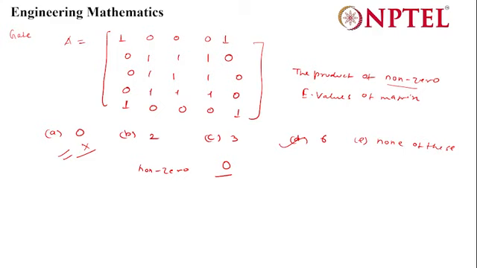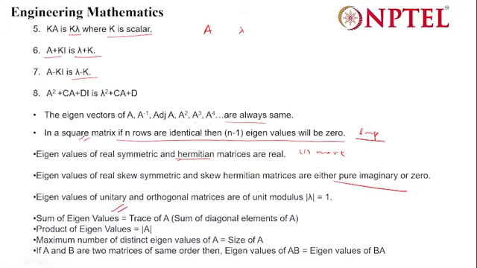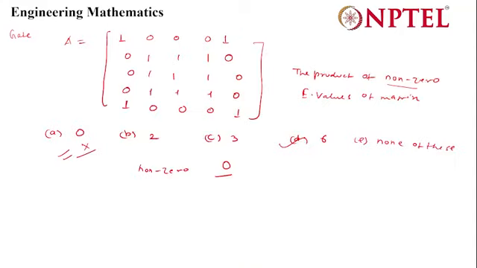Yeah, correct. Very good. What he did is based on a property of a square matrix: if n rows are identical, then n minus 1 eigenvalues will be 0. This is a 5 cross 5 matrix, so we were getting 5 eigenvalues. But here these two rows are identical.